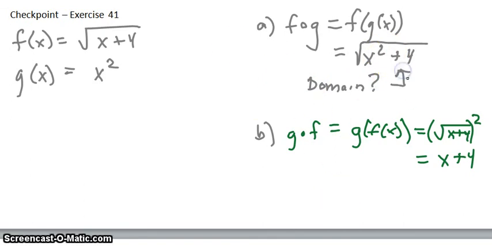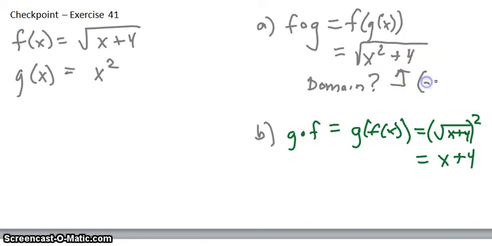Now, if I look at this one here, we're asking ourselves, what values of x can I plug in? Well, we can't have a square root of a negative number. And x squared is always going to be positive. And anytime you take a positive number and add 4, your answer is always going to be positive. So this square root will always be positive. So you are not going to run into any problems with this.